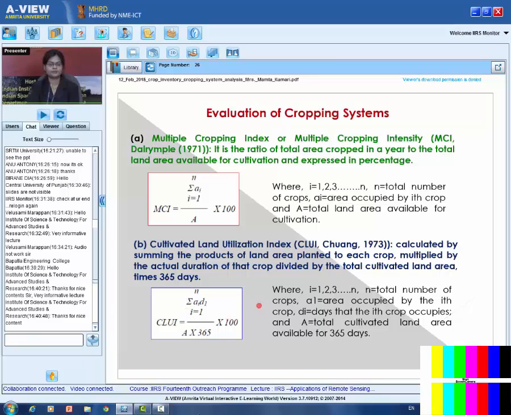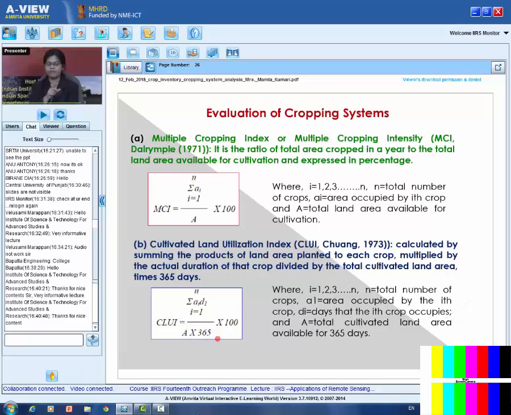So I'll just give an example here. Rice is a 150 days crop. You are utilizing 60 hectare area for rice. So we will multiply 60 with 150, plus 60 hectare for wheat multiplied with the 120 days for the crop growth, because generally 4 months are used for the wheat crop growth.